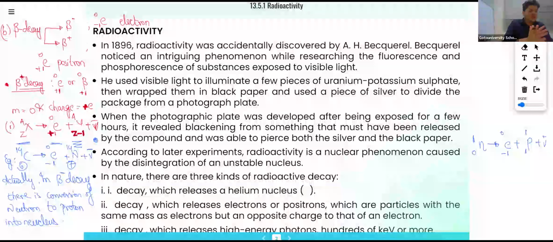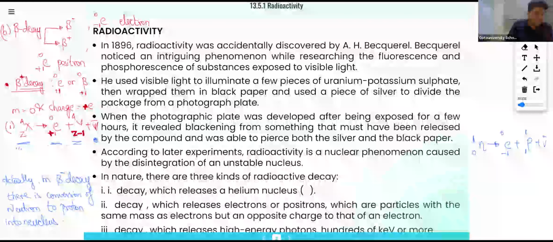Actually in this process we are converting proton into neutron. There was a conversion of neutron to proton before; here we are converting proton to neutron. I will explain how. Take another example: nitrogen-12 with 7 protons.